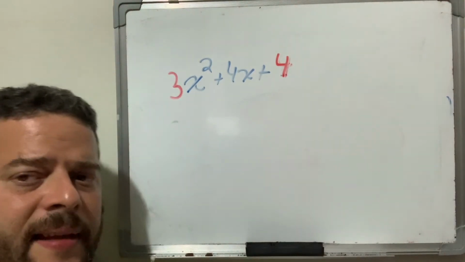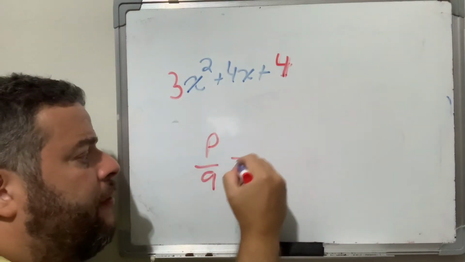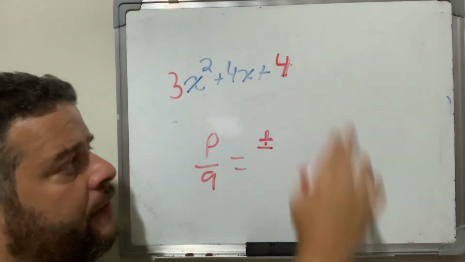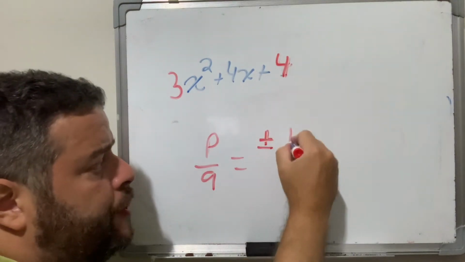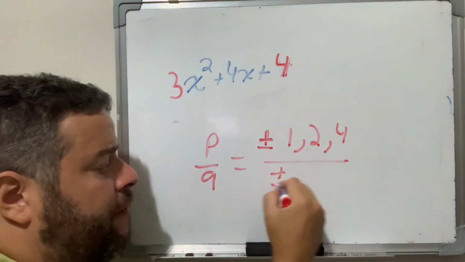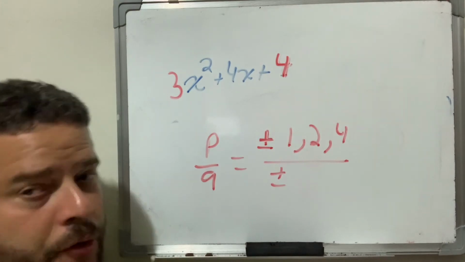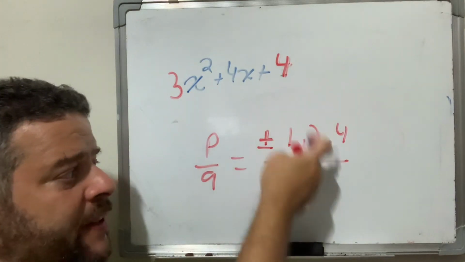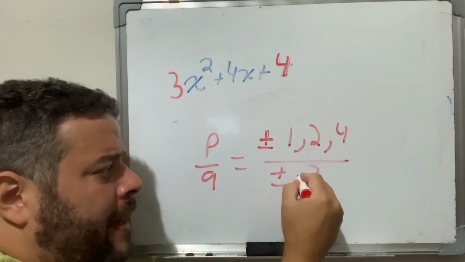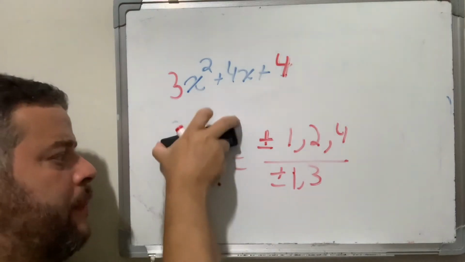Again, the exact same formula, P divided by Q. P are the factors, positive or negative, they always have to be positive or negative, of the constant, which are 1, 2, and 4, divided by the factors of the leading term. It used to be 1, so it didn't matter, it didn't change anything. Now it's 3, so now it does matter. It's 3 or 1. So now let's look at all possible combinations.